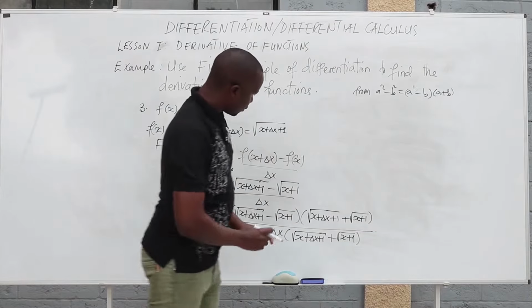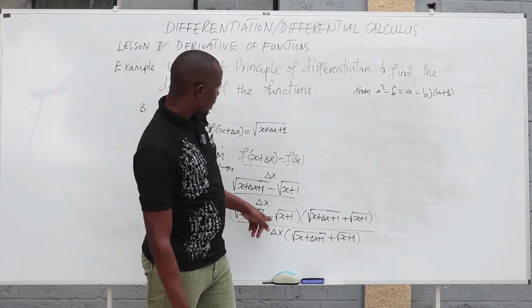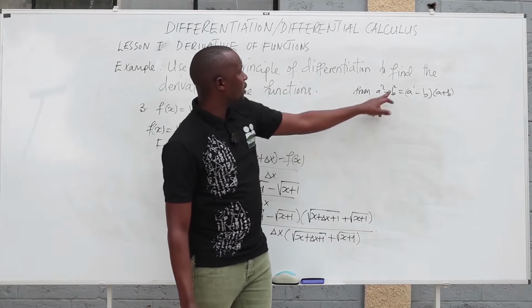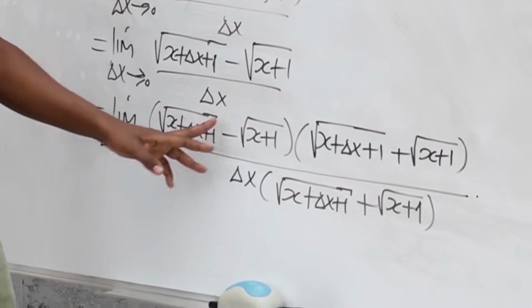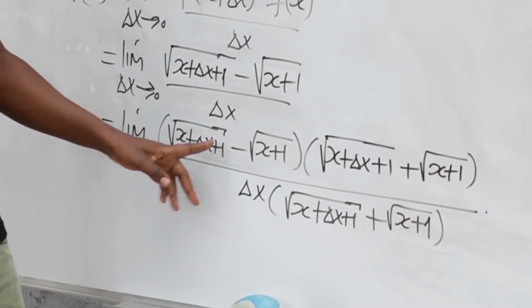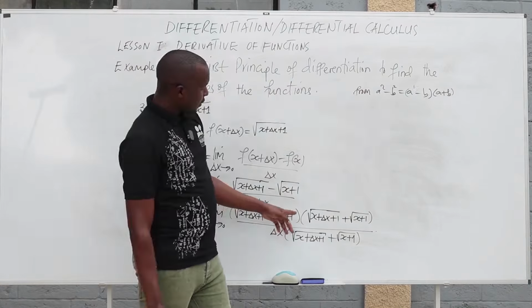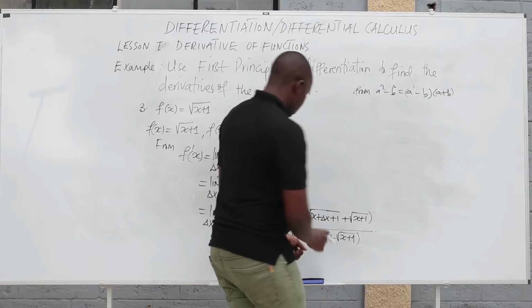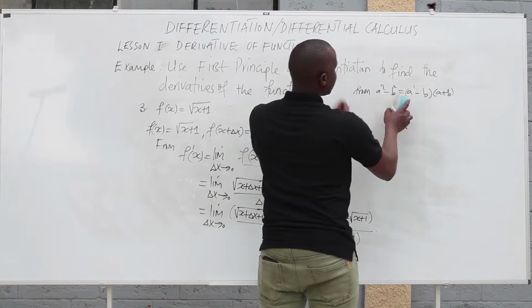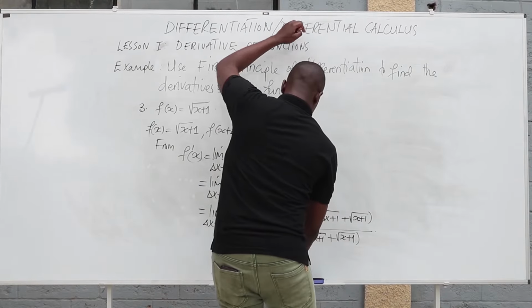Once you check our top expression, where there is a minus here, we can apply squares. So this becomes x plus change in x plus 1, and this one becomes x plus 1, because the square cancels out with the index 2 here. On applying this, the simplest way of simplifying is the best.